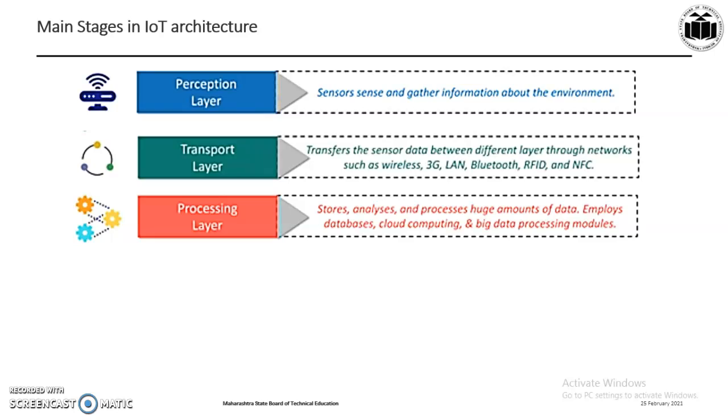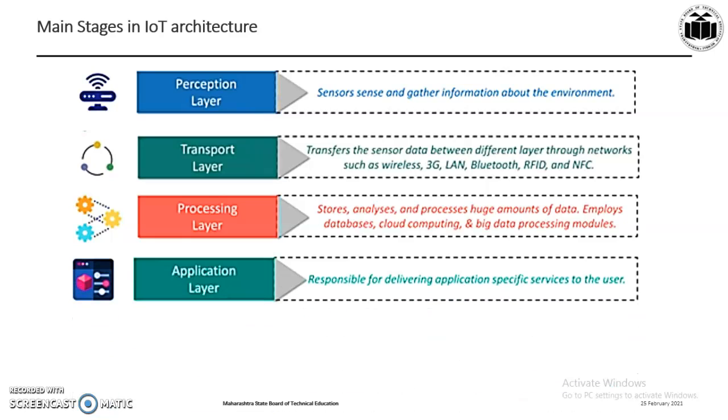Its main function is to store, analyze and process huge amounts of data that come from the transport layer. It can manage and provide a diverse set of services to the layers. It employs many technologies such as database, cloud computing and big data processing modules. So this is the layer where the processing of the information obtained from the sensor is carried out, and the information is then given to the next layer.